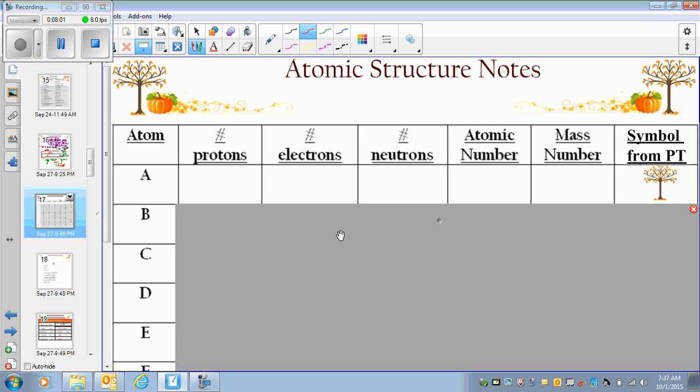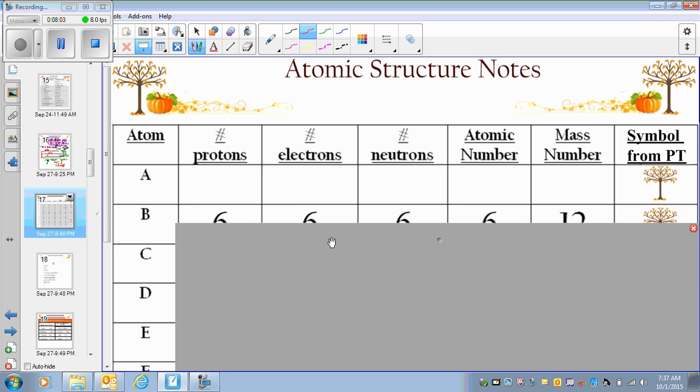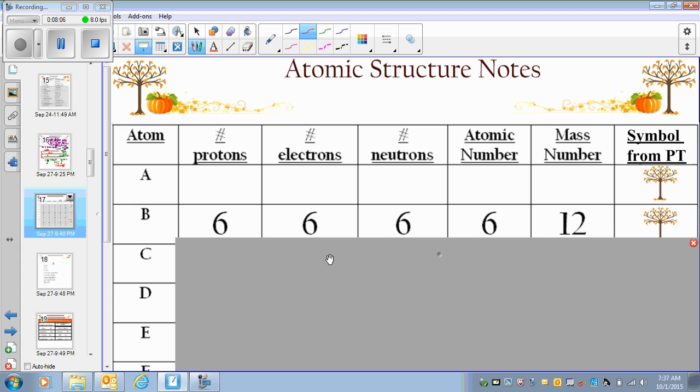So let's talk about carbon. So if the atomic number is 5, that means you can identify the element. You can go to the periodic table and find out who is the element 5, who has 5 protons.